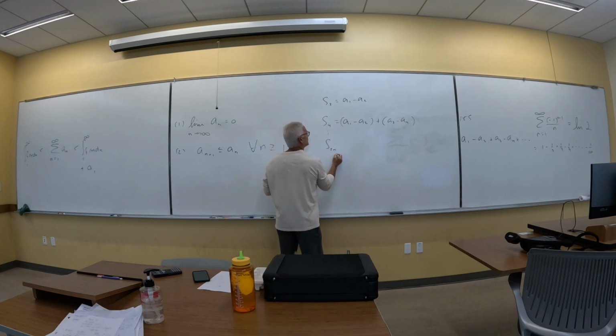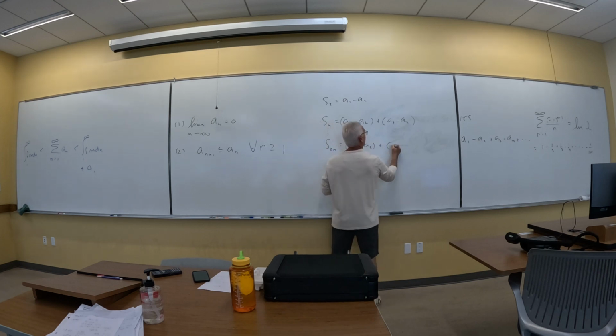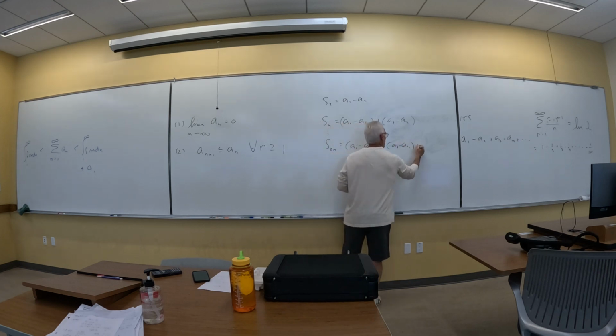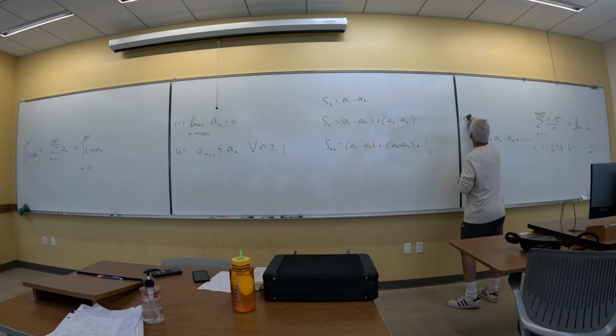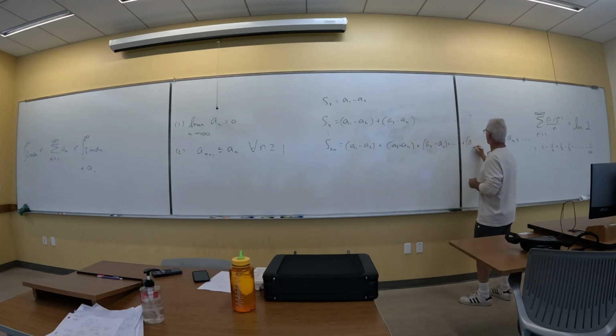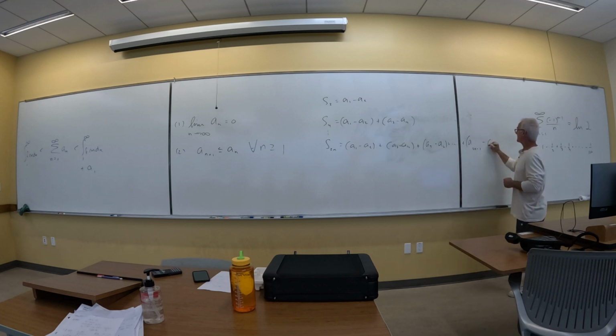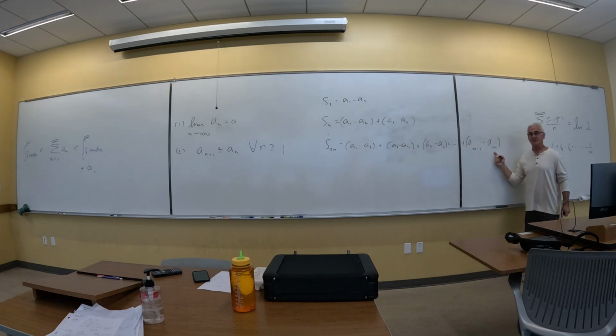How about S_2n? Well, that'd be a_1 minus a_2 plus a_3 minus a_4. I'll put a couple more in here. Plus, how about a_5 minus a_6 all the way to a_(2n-1) minus a_2n. It's the sum of the first 2n terms.